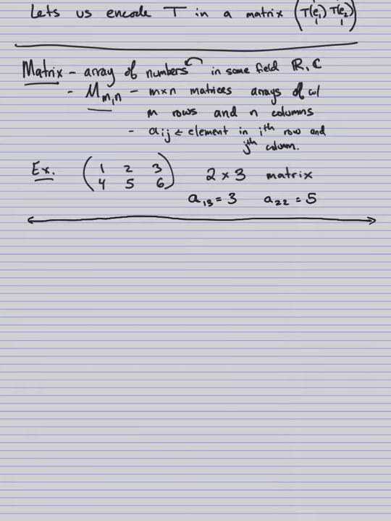In general, this is how these look like. So maybe an important case is when m is n. So here's a good matrix. This is a 3 by 3 matrix. In general, when you have the same number of rows and columns, we call this a square matrix.